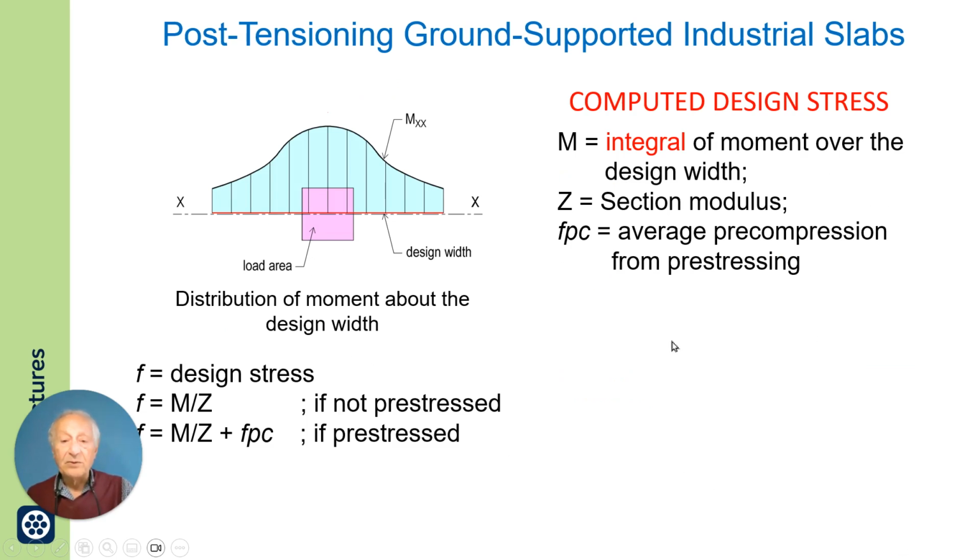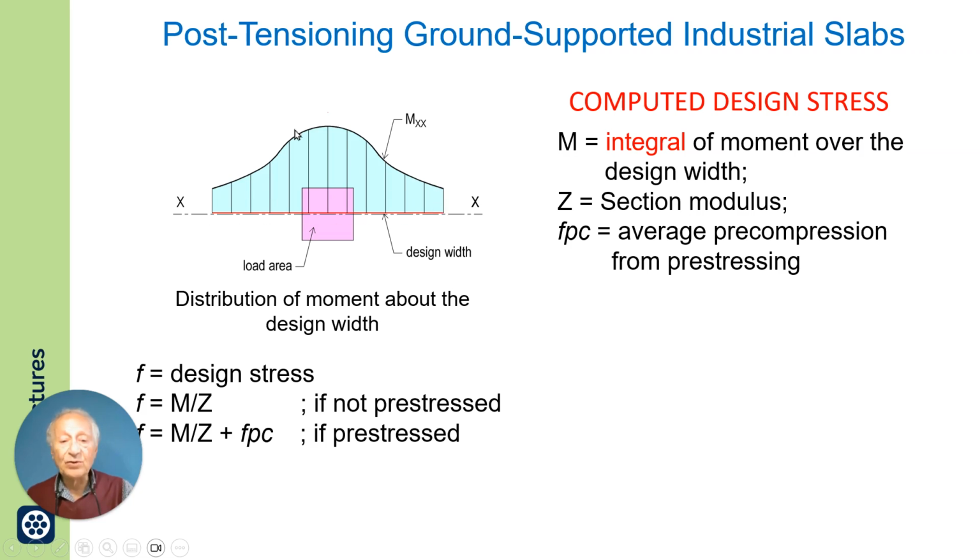Now, what is the stress that will be driving our design? This is what I call here computed design stress. Now, if this is the design width and here is the distribution of action, this moment is integrated, so you have a single total moment associated with this.